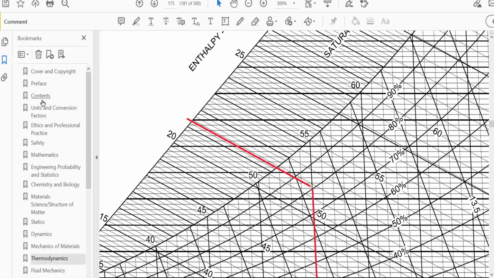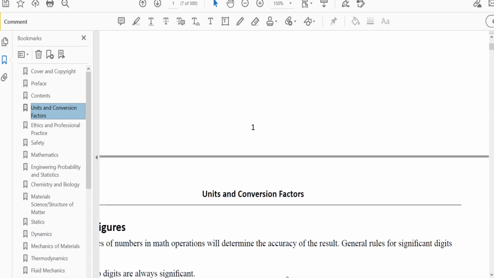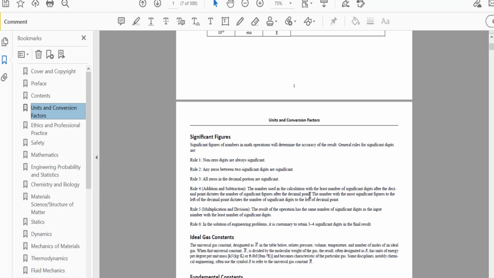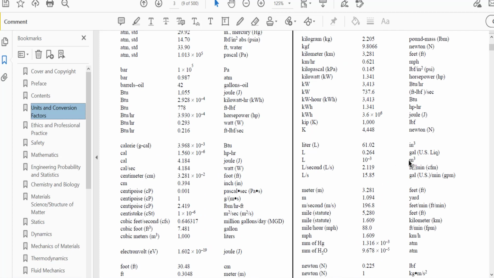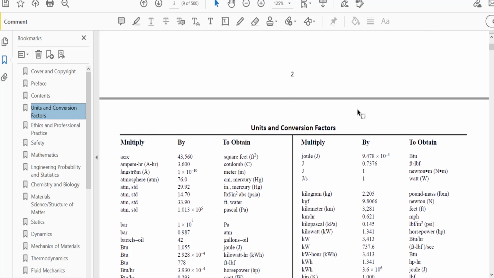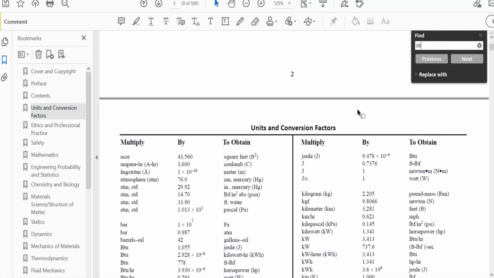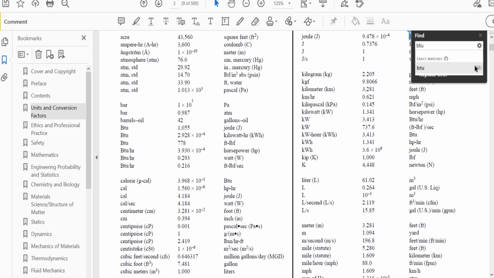So let's go back to the conversion tables, and let me go down here. The way I do this is just type BTU. We know we're going from BTU. This is BTU to joules. No, not good. This is BTU per hour to kilowatt. Okay, that would make sense, right?